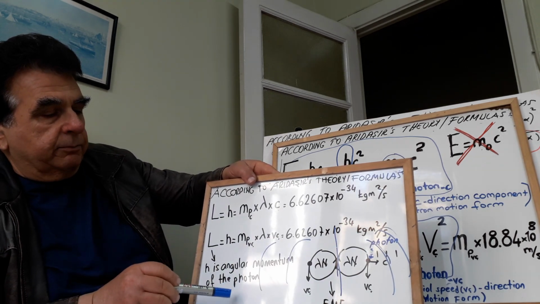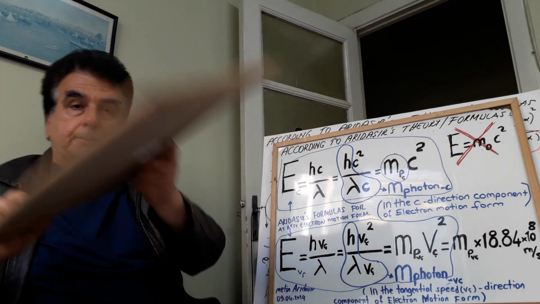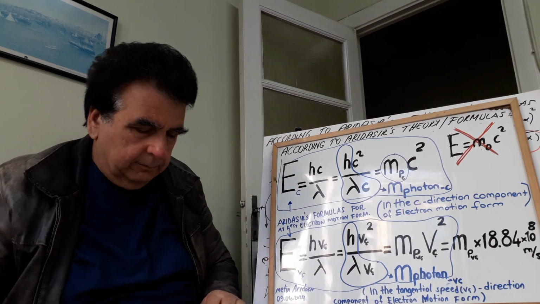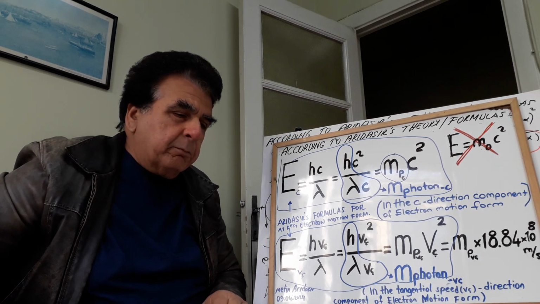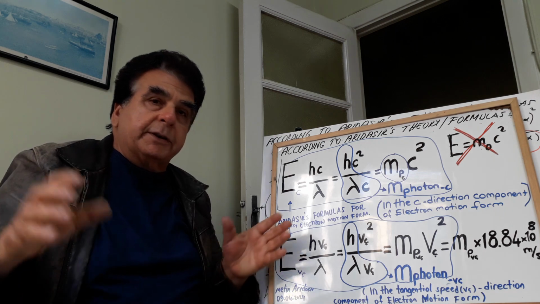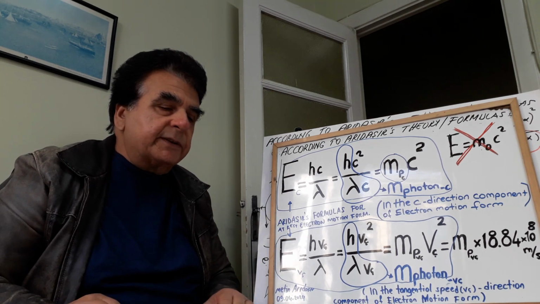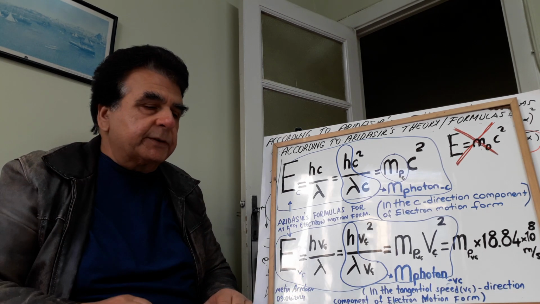H is angular momentum of the photon. By the way, accepted physics theories are not aware of these two components.